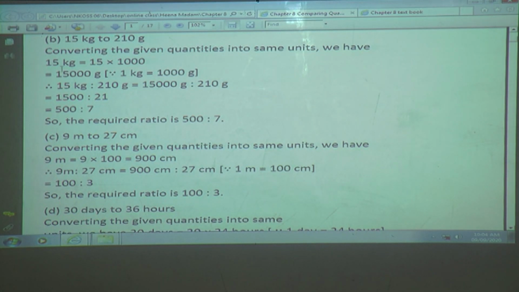So 15 kg is equal to 15 into 1000. You know 1 kg is equal to 1000 gram. So converting 15 kg, we get 15,000 gram.